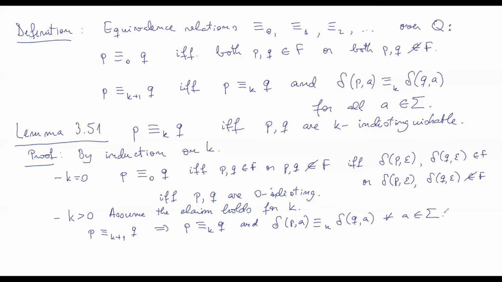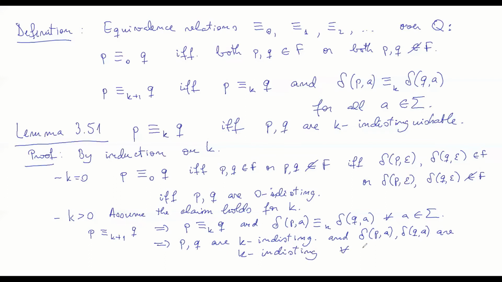And what this means is, on one hand, because this holds, we have PQ are K indistinguishable, and we have that delta of PA and delta of QA are K indistinguishable for all A in sigma.